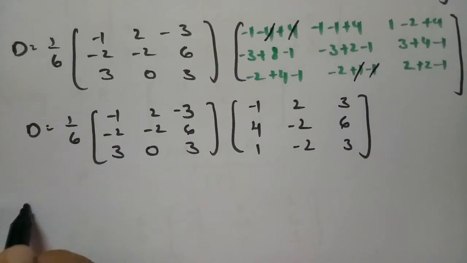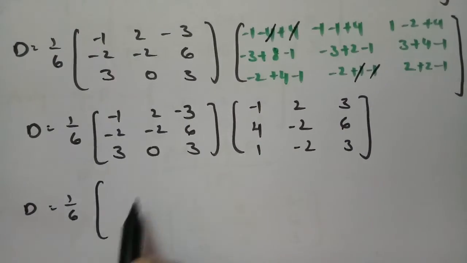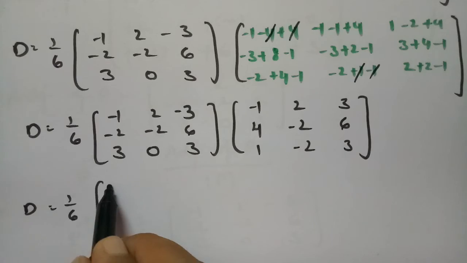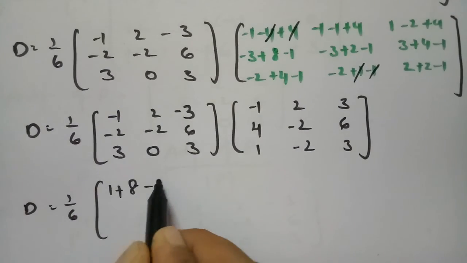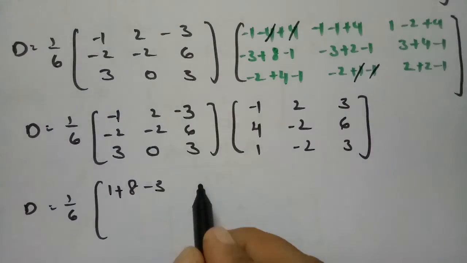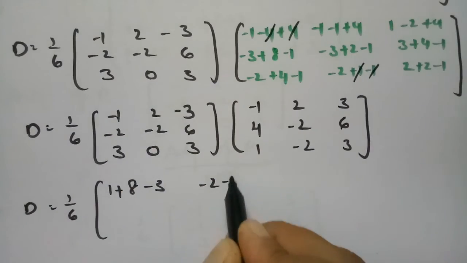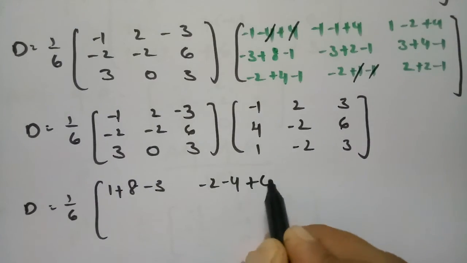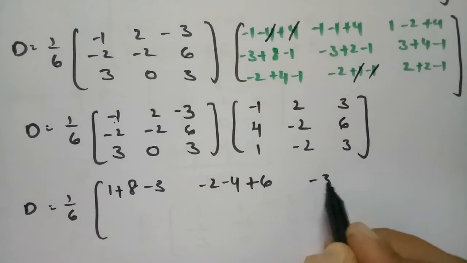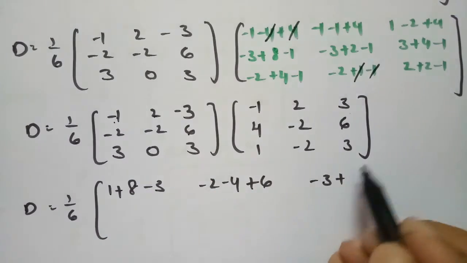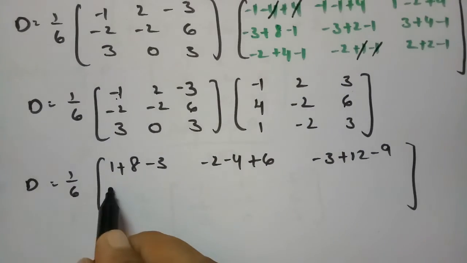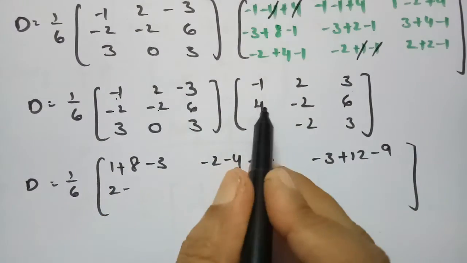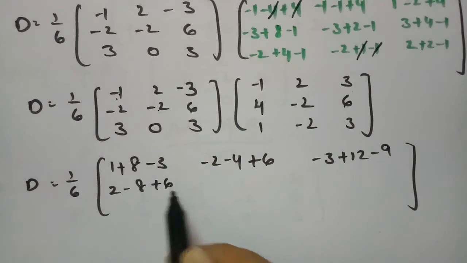Now if I multiply, see what happens. 1 by 6 times of, if I multiply 1 into 1, this is 1, this is 1 plus 8 and minus 3. So if I multiply minus 2, minus 4 and this is plus 6. So this is minus 3, 2 6s are 12 and this is minus 9. So if I multiply, this is 2, 2 4s are 8 plus 6.